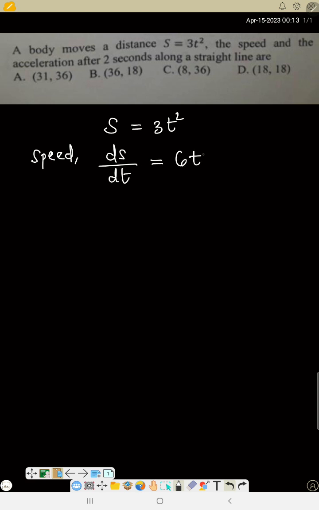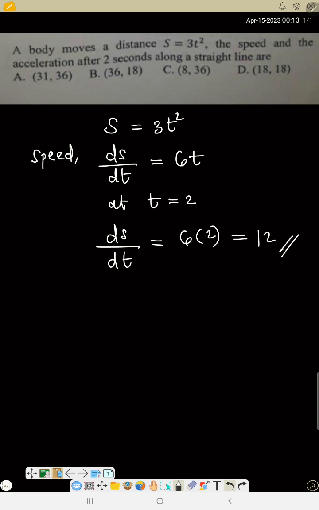That is 6t, that is 3 times 2, 6, also subtract 1 from the power. So now at t equals 2, that is after 2 seconds, the speed, ds/dt, is 6 times 2, and that is 12. So none of the above, because no 12 is here.